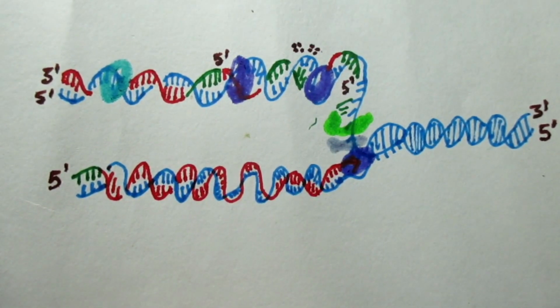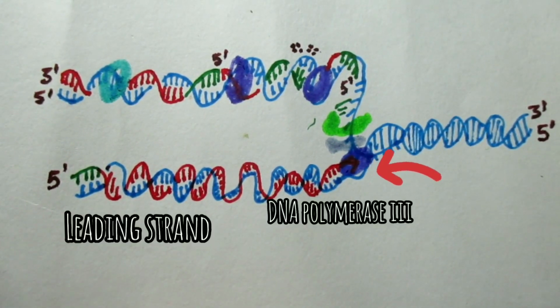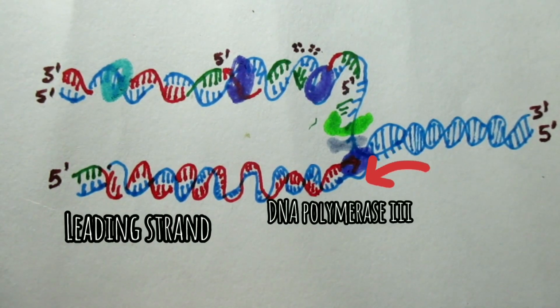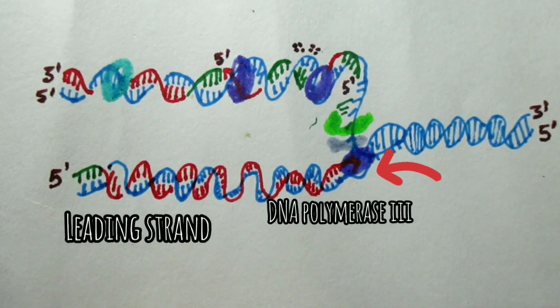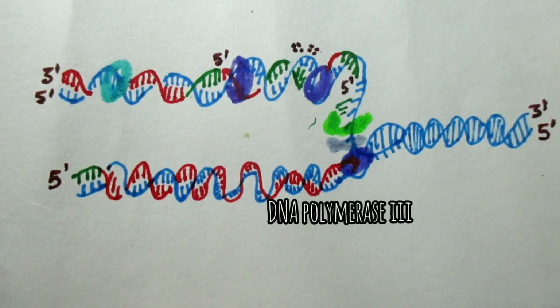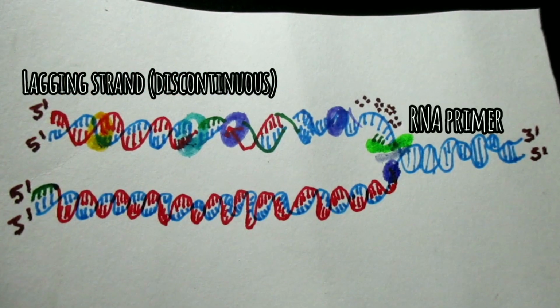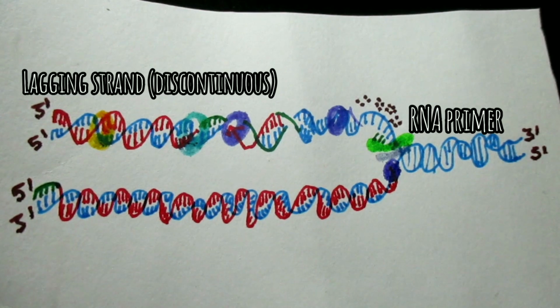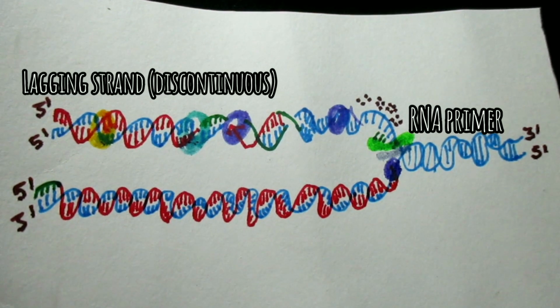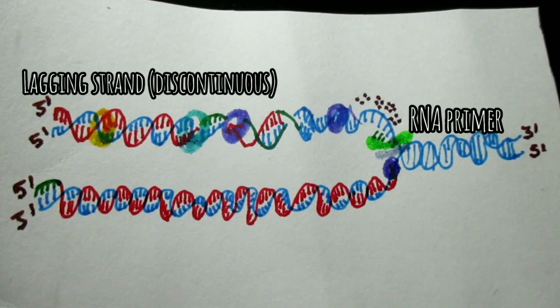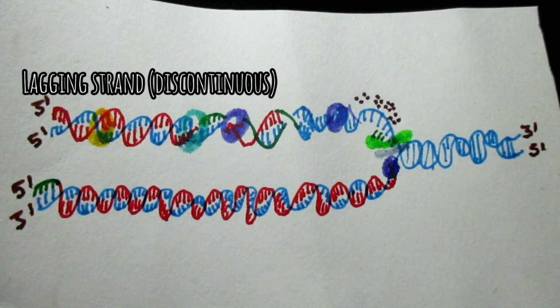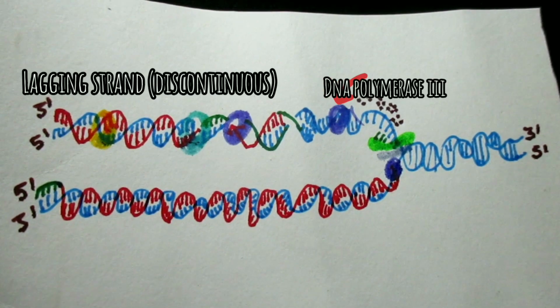On the leading strand template, DNA polymerase III synthesizes the leading strand continuously toward the replication fork. On the lagging strand template, a new initiation of DNA synthesis occurs. An RNA primer is synthesized by DNA primase. DNA polymerase III adds DNA to the RNA primer to make another DNA fragment.